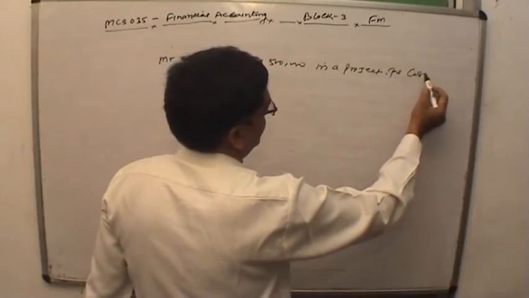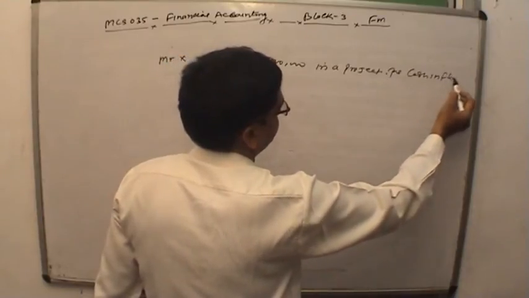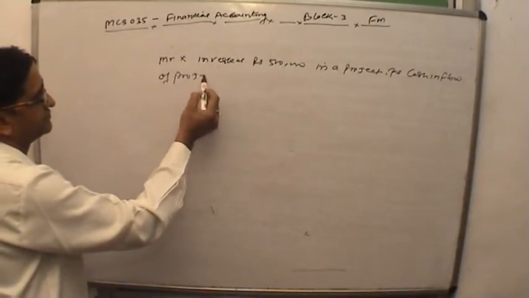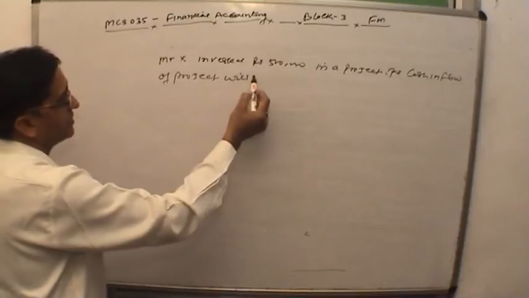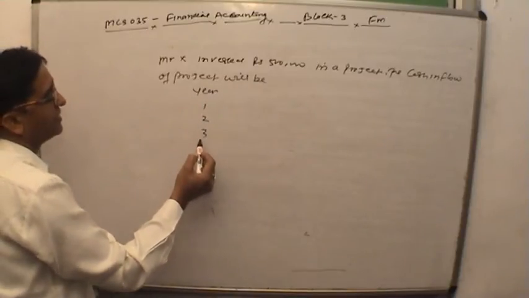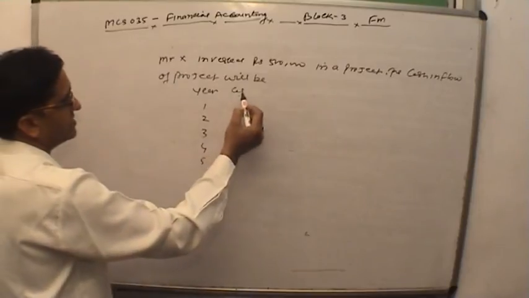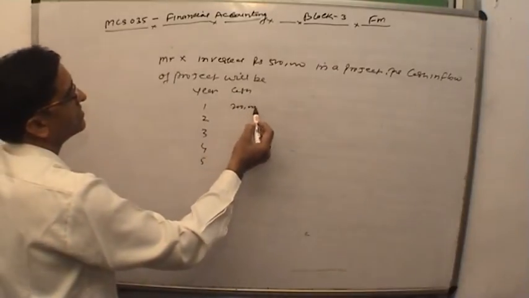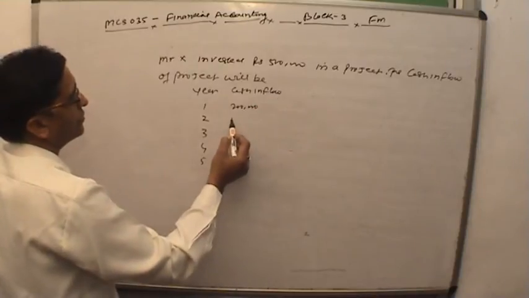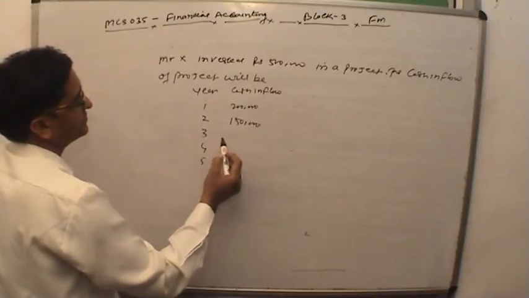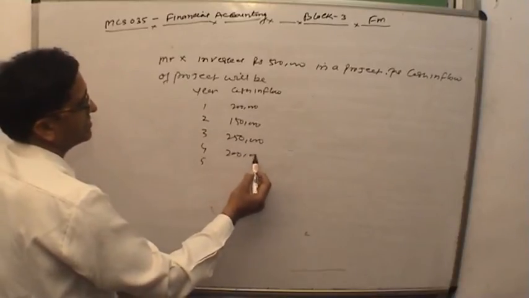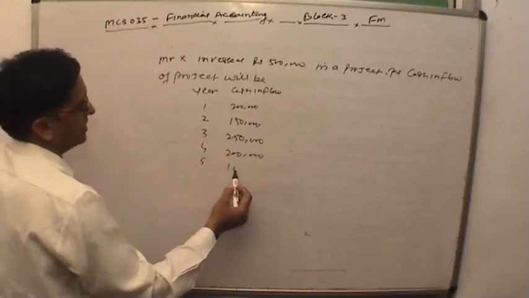The cash inflows of the project will be: years 1, 2, 3, 4, 5, cash inflows 2 lakhs, 150, 250, 2 lakhs, 180.